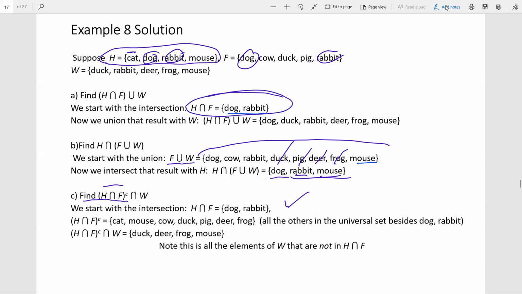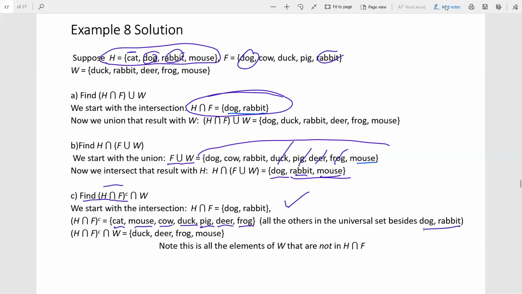So all the other animals outside of that set would be the complement. If you look at it very carefully and list them, you've got cat, mouse, cow, duck, pig, deer, and frog. That's all the others in the universal set besides dog and rabbit.